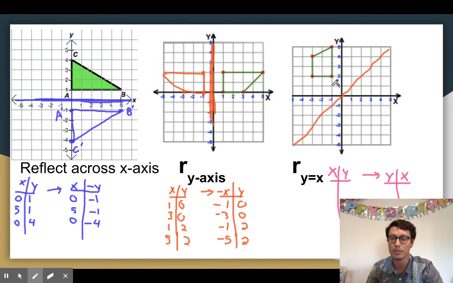For our pre-image, -1, +2, -1, +5. Sorry. -3, +2. -3, +4.